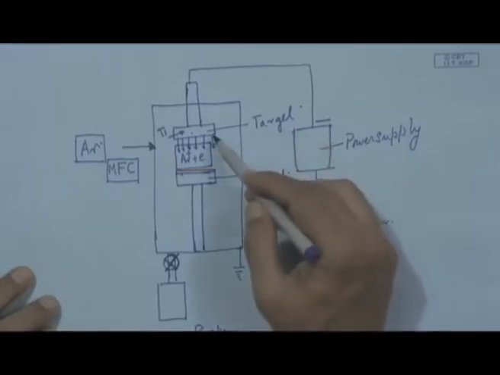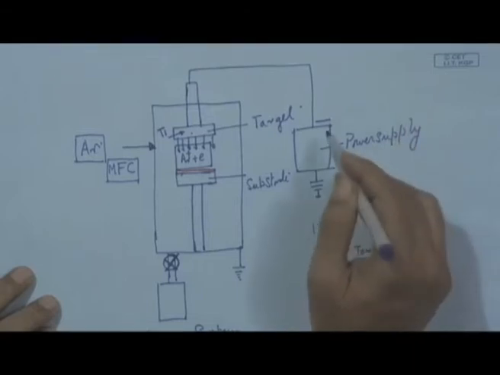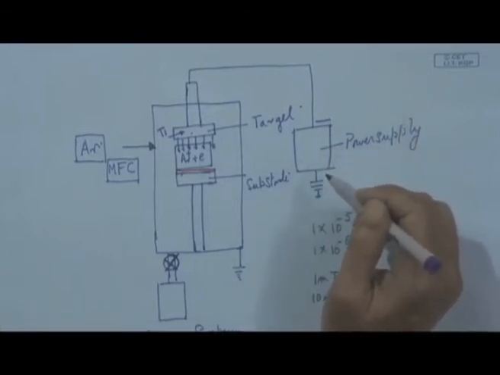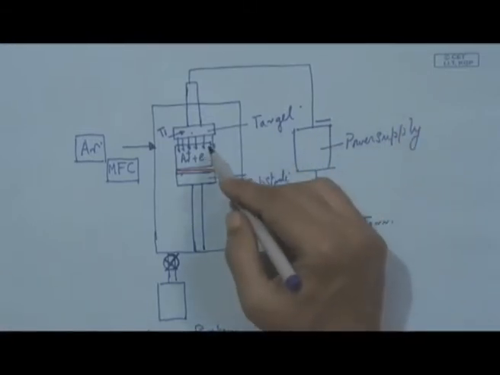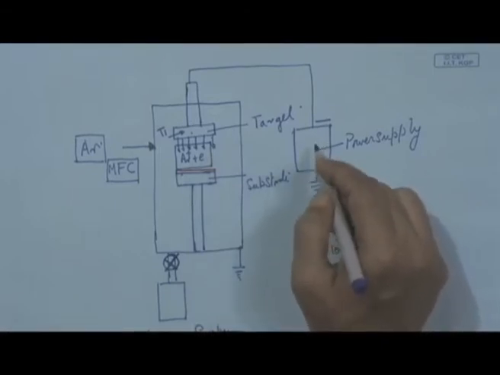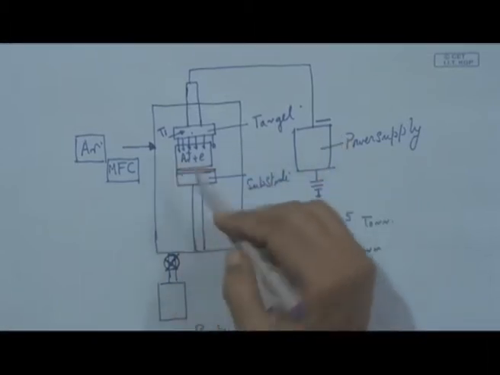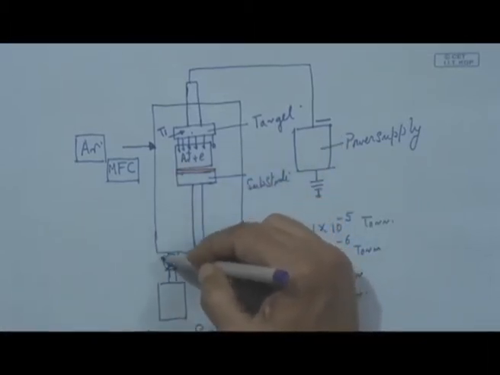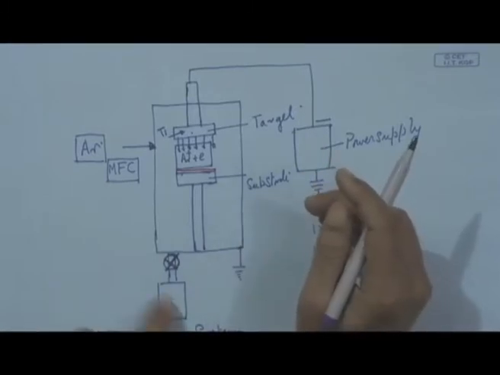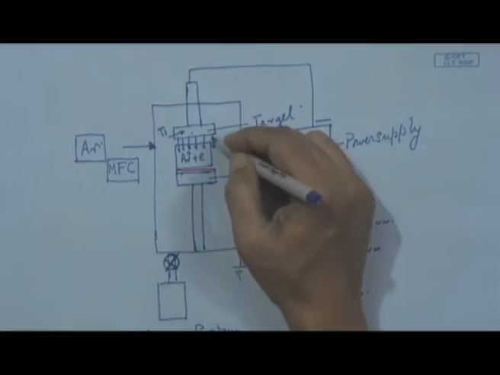Then also the discharge voltage, that is, the voltage which will be recorded on the power supply unit. So, both the cathode current and the DC discharge voltage will be displayed, and then the argon pressure, which will be monitored here by the throttle valve on the downstream side, and then the SOD.